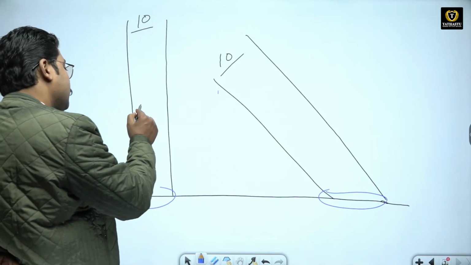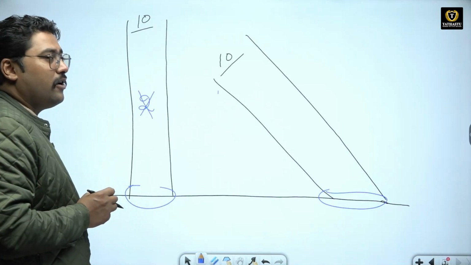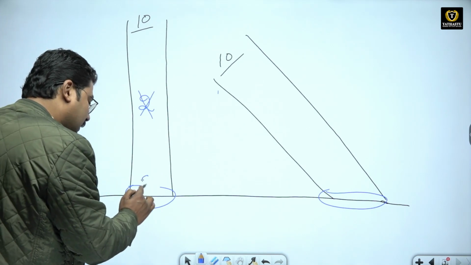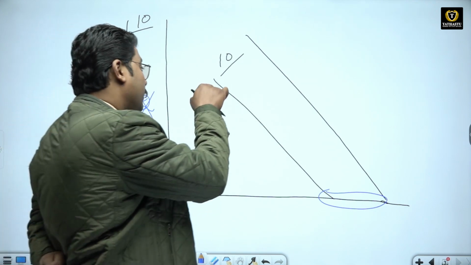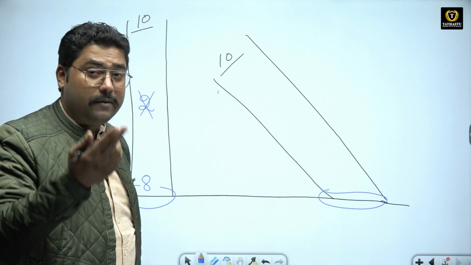So suppose out of 10, 2 units of energy are getting lost in the atmosphere. So ultimately the surface is receiving 8. Now in the oblique section, suppose the distance has become double.